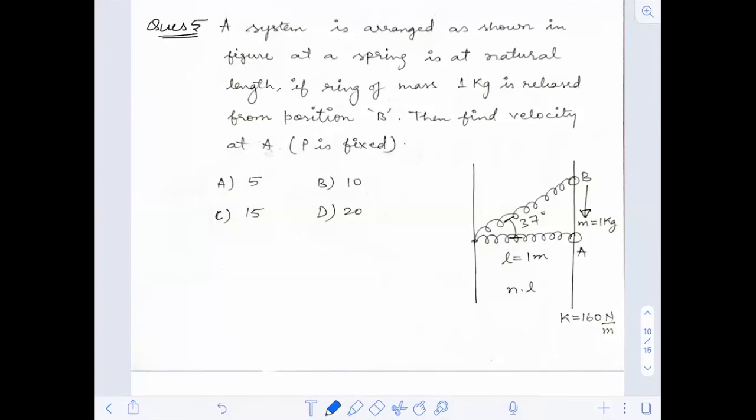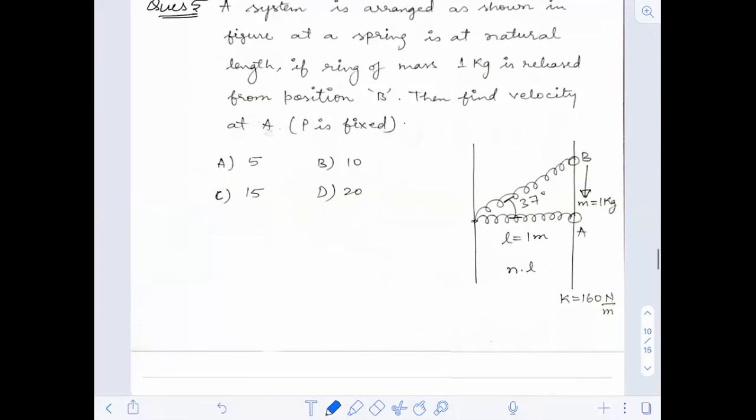If ring of mass 1 kg is released from position B, then find a velocity at A. I'll explain you this question with language. It is a little bit not clear. I'll explain you this question.